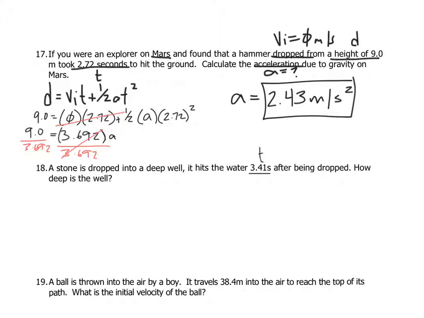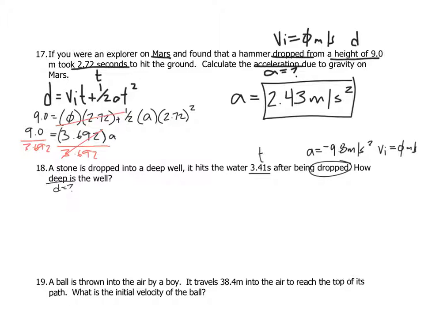It is being dropped, so that should tell you that gravity is pulling it down, and the initial velocity is 0. How deep is the well? So you're asked to solve for distance. I've got time, acceleration, initial velocity, and distance.